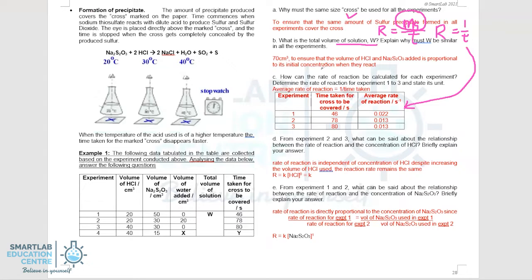The reason is so that the volume of your HCl is directly proportional to the concentration of HCl that's used. Similarly, the volume of the thiosulfate used is also directly proportional to the concentration of thiosulfate used. So from that, we can work out the mathematical calculations and conclude that with respect to thiosulfate it is first order, while with respect to HCl it is zero order.